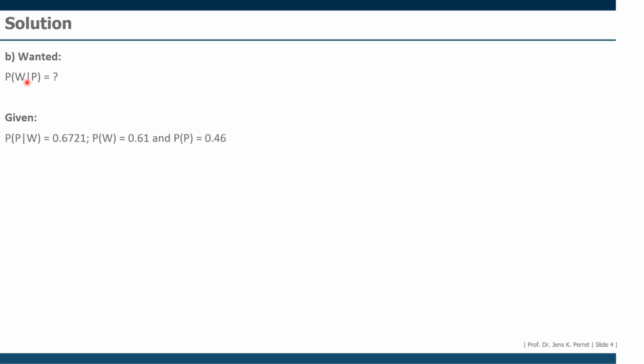We know the exact opposite probability. That was part A, where we got a result of 0.6721. We also know from the text that the probability of passing the work-related part is 61% and of passing the other part 46%.